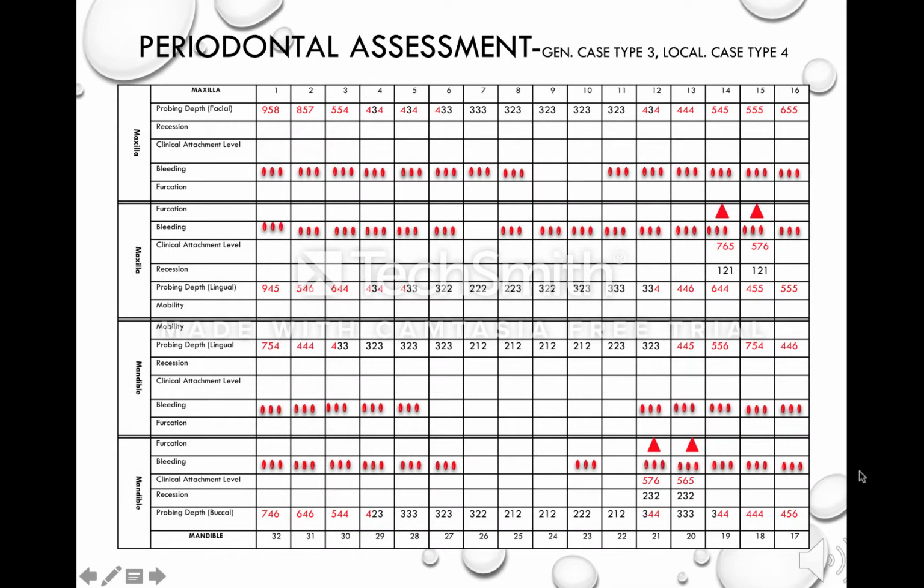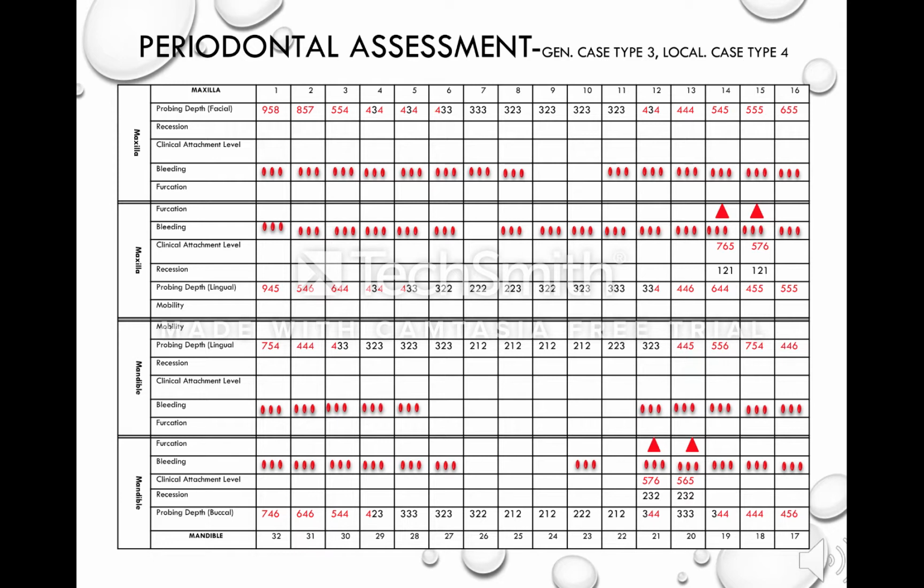For Robert's periodontal assessment, we can see he is a generalized case type 3 moderate periodontitis with localized case type 4 severe periodontitis in the posteriors. Robert's pocket depths and clinical attachment loss reach all the way up to 9 millimeters in the upper right quadrant.